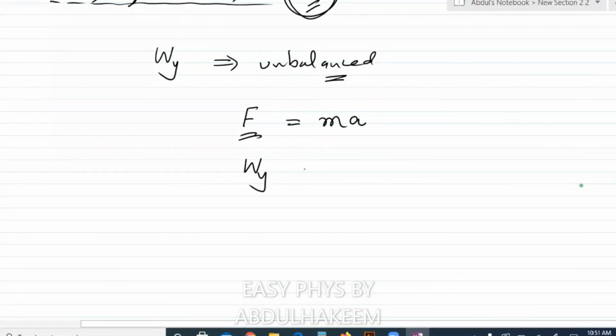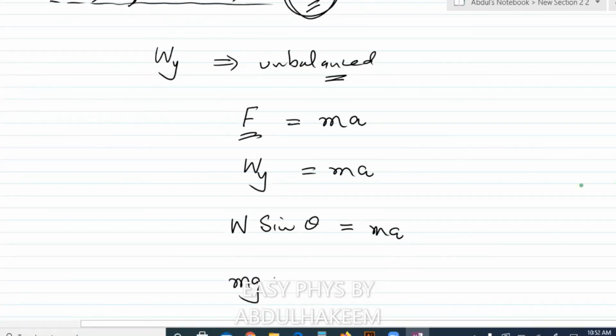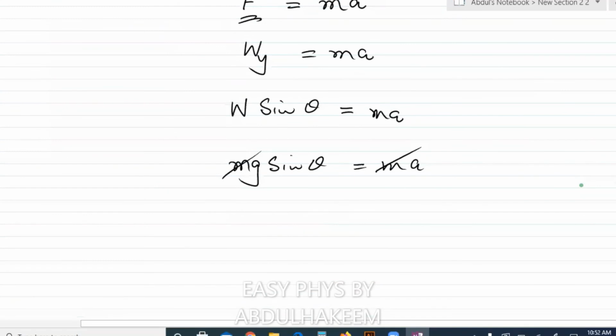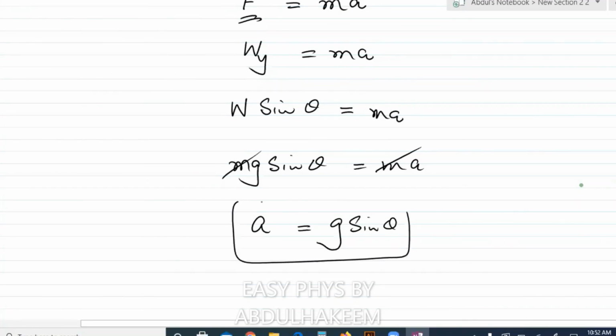It means WY is equal to ma, and WY is equal to W sine theta, because Fy is F sine theta. So W sine theta is equal to ma. W is mg, so we can write mg sine theta is equal to ma. Now m cancels. So the acceleration at the slope is g sine theta.